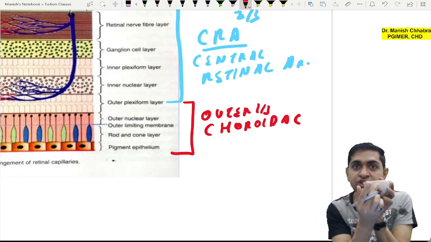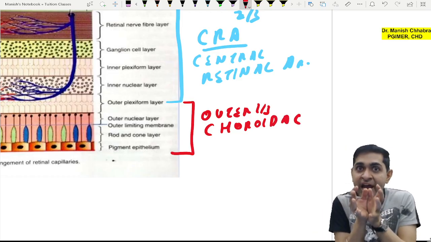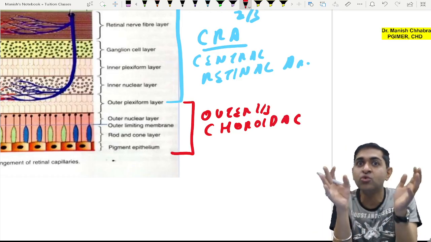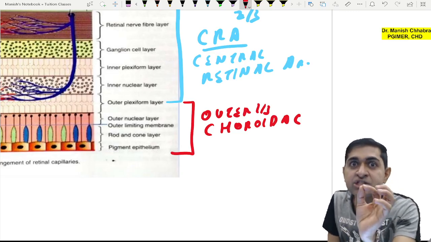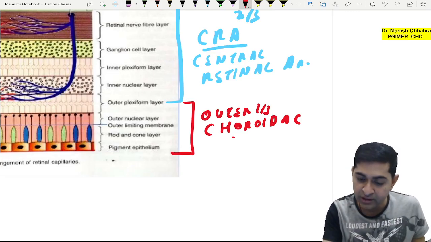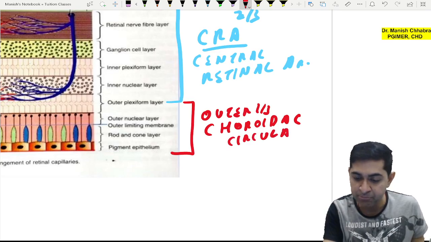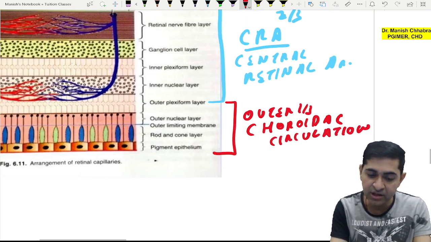The 10 to 20 short posterior ciliary arteries which were piercing the sclera were entering into the choroid and forming choriocapillaries. If you could recall, we had done it in the blood supply of uvea, choroidal circulation. But did you notice one thing?